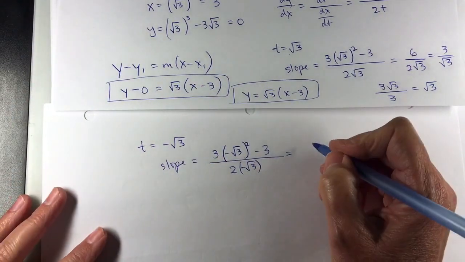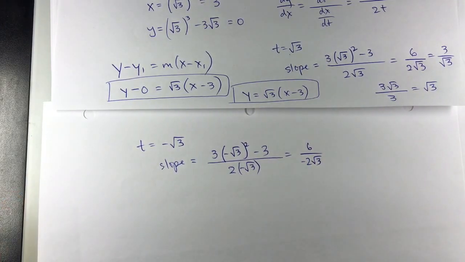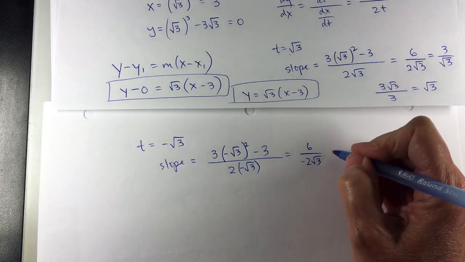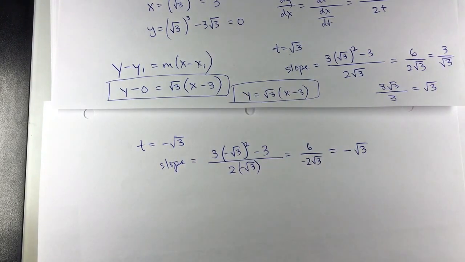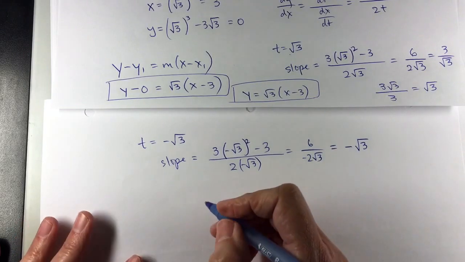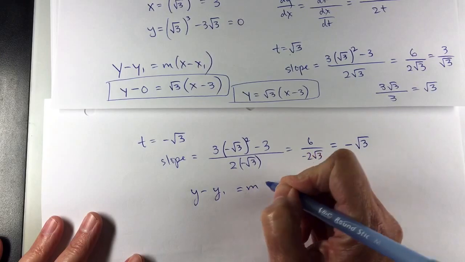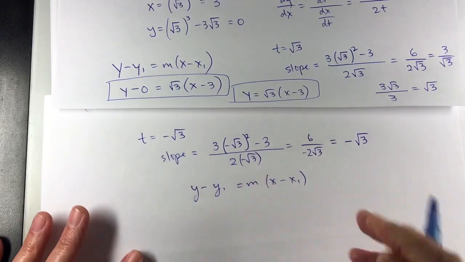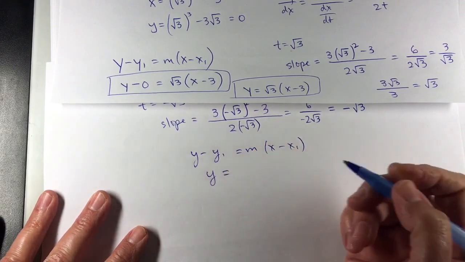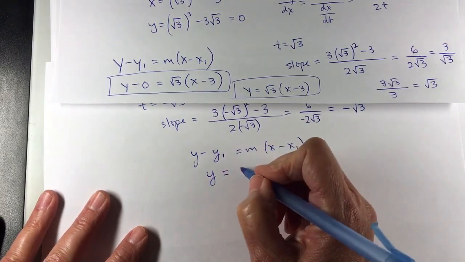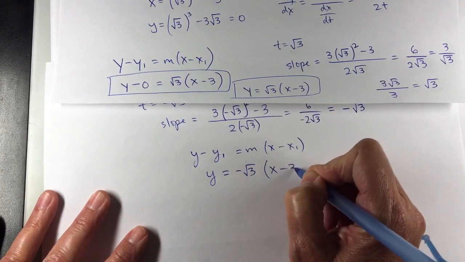That's still going to be 6 on top, negative 2 times square root of 3 on the bottom. So what's it going to be after I simplify it? Negative square root of 3. So the equation of the tangent line at this point, y minus y1 is m times x minus x1. So y minus 0, this time I'll just write y, is negative square root of 3 times x minus 3.